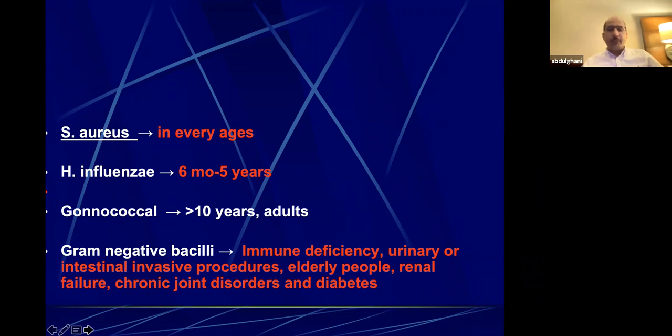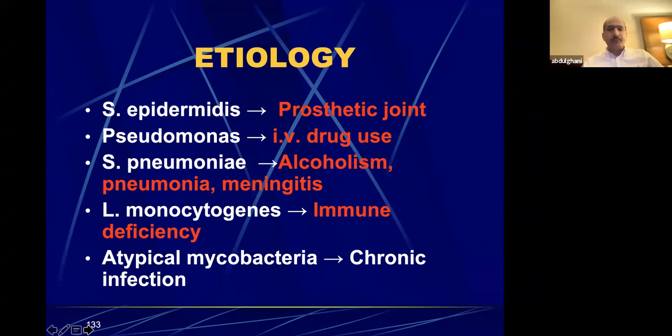Gram negative is more common in case of immunodeficient, UTI patients, intestinal invasive procedure in recent past, elderly patients, any patient with renal failure or chronic joint disorder, diabetes. Staph epidermidis, prosthetic joint infection. Pseudomonas, IV drug abuser.